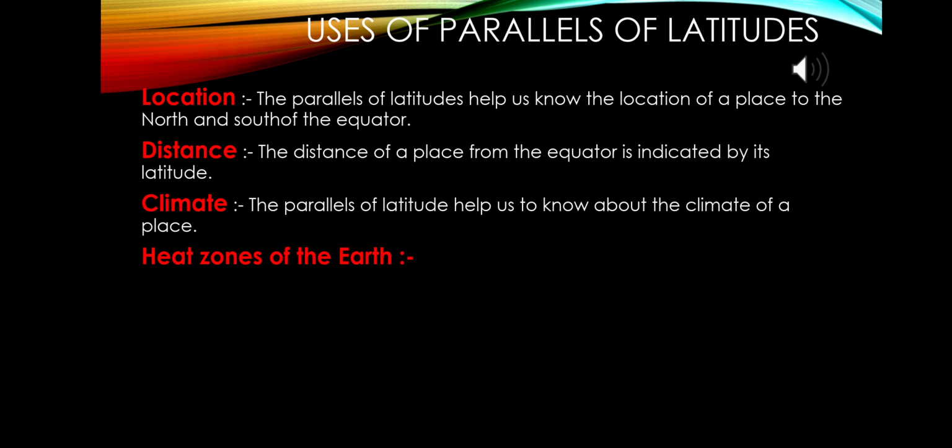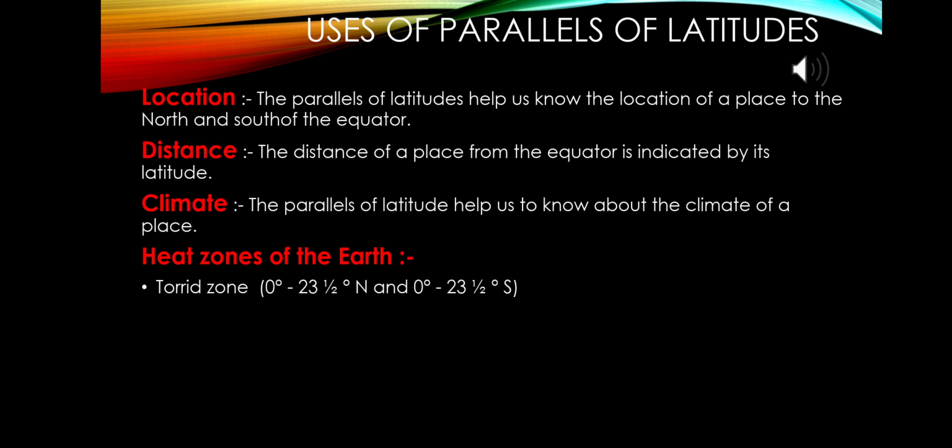And heat zones of the earth: based on the variation of the sun's ray fall, there are 3 types of heat zones. First is the torrid zone, located from 0 to 23.5 degrees north and south in both hemispheres. Here the sun's rays fall vertically over the equator.